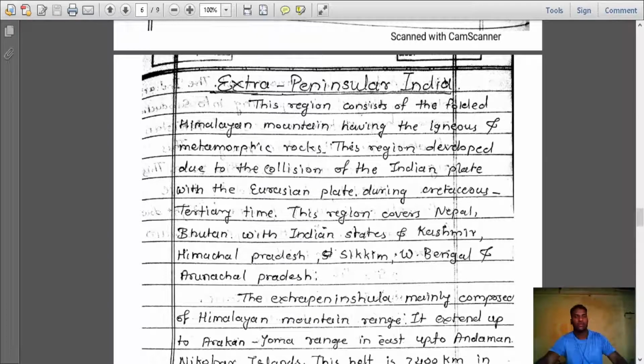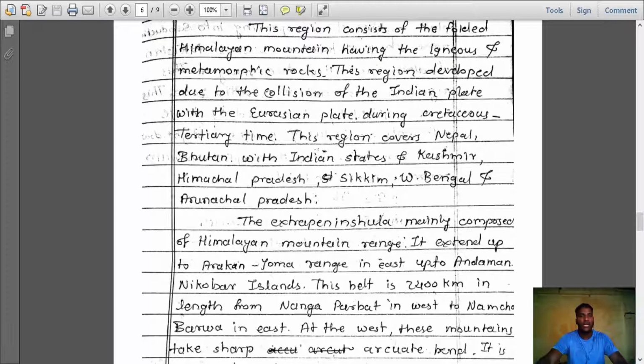This region covers Nepal, Bhutan and the Indian states of Kashmir, Himachal Pradesh, Sikkim, West Bengal and Arunachal Pradesh. The extra-peninsula is mainly composed of the Himalayan mountain range.